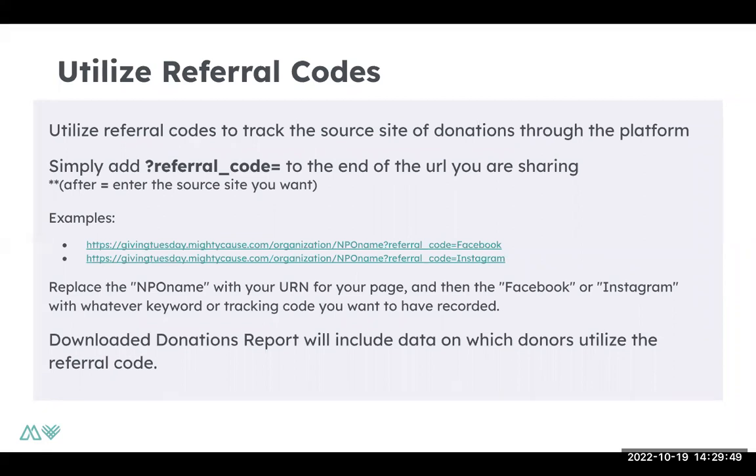And then after the equal sign, you would enter what you want the descriptor to be. So for example, if you want to track how many donations we're getting from Facebook, then you would add that text to the end of your URL, and then you would add Facebook as the descriptor, and then you would share that on your Facebook page.